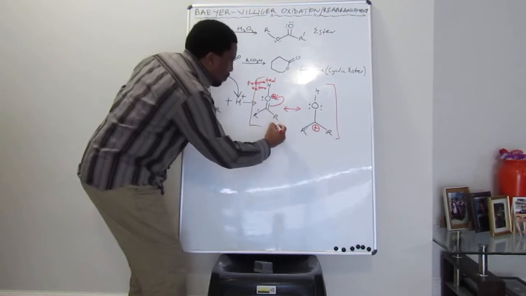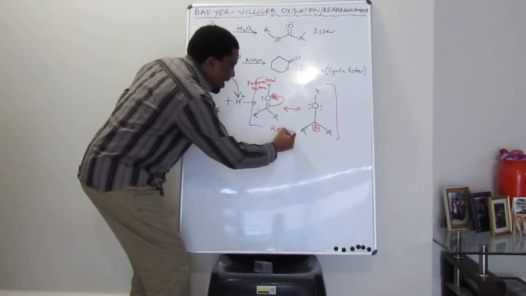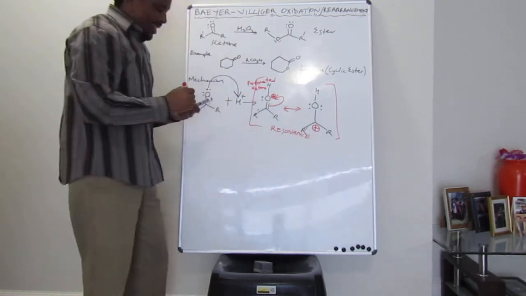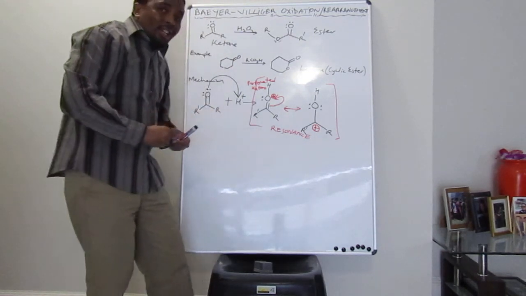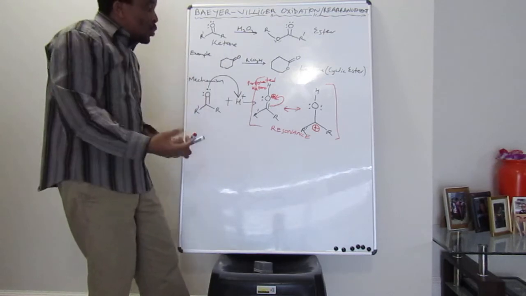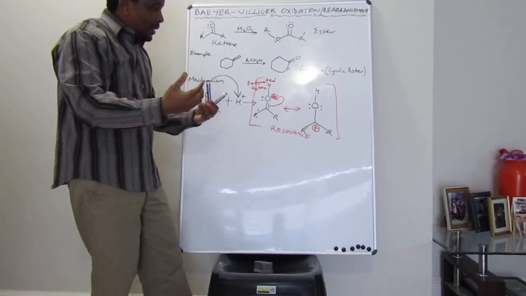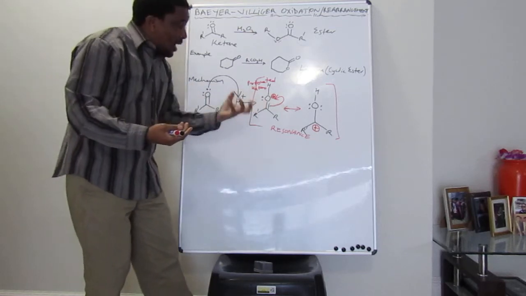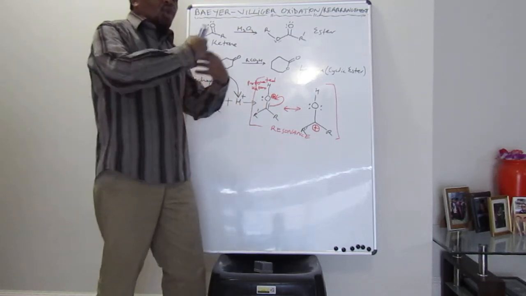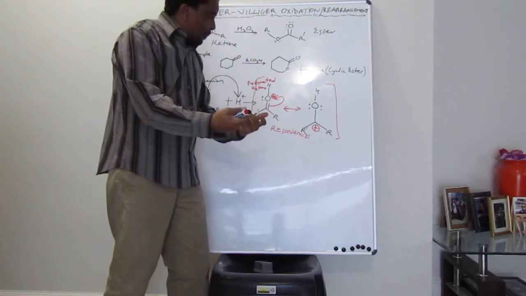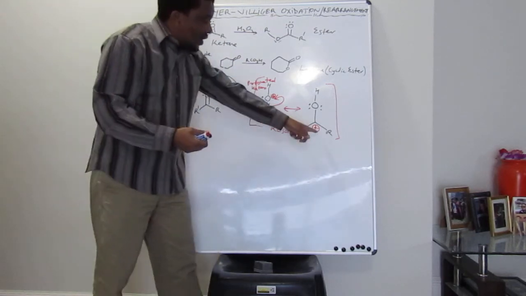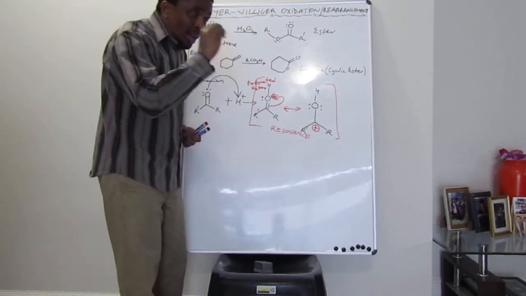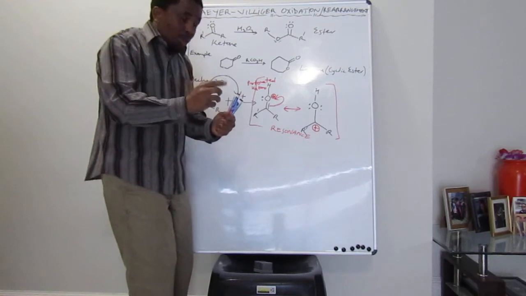Then we end up with two structures, and these structures will now be referred to as the resonance structures, where each structure will be referred to as a resonance hybrid. Between the two resonance hybrids, which one am I going to continue with to the next step? I look at the actual atoms that are bearing a positive charge.